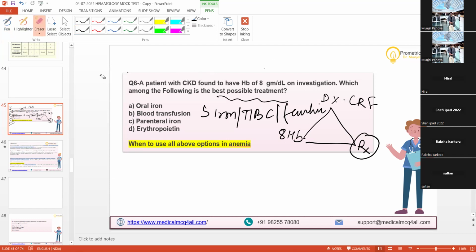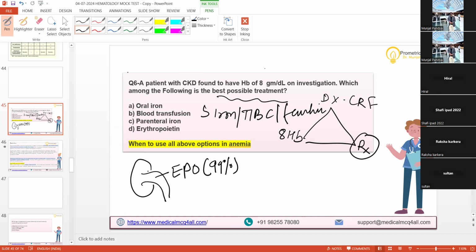And what happens in chronic kidney disease? Let me tell you very quickly, a simple thing. The kidney produces one substance called erythropoietin. 99% or so of erythropoietin in our bodies is produced from the kidney, and this erythropoietin, along with other things, helps erythropoiesis.